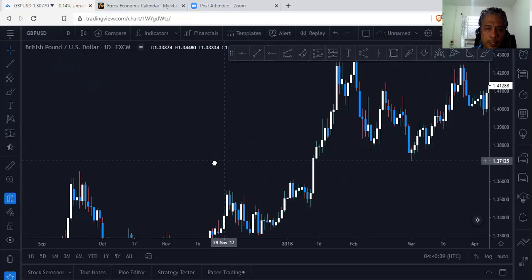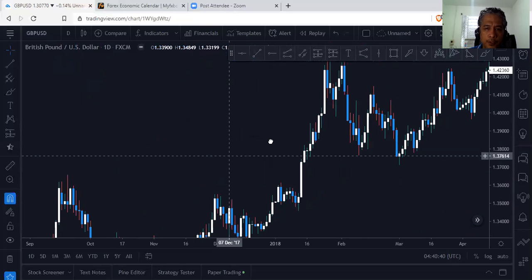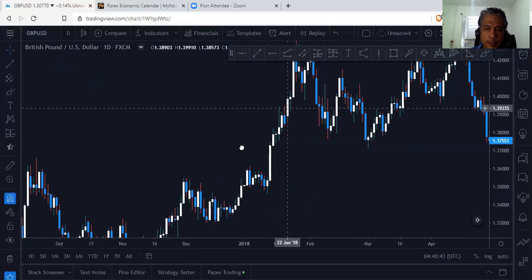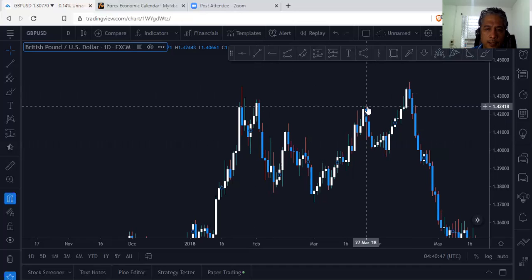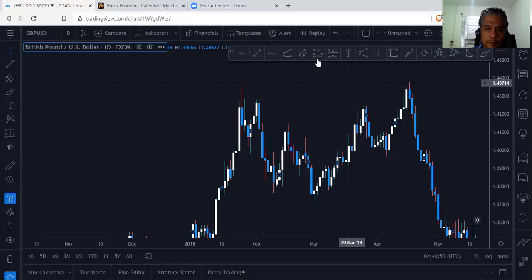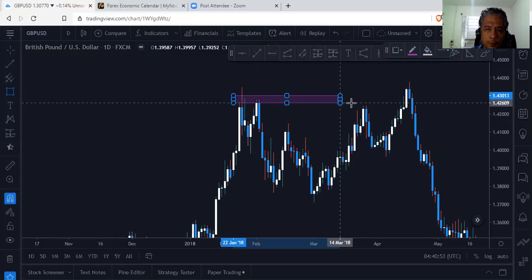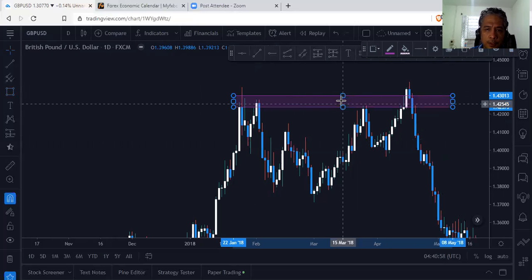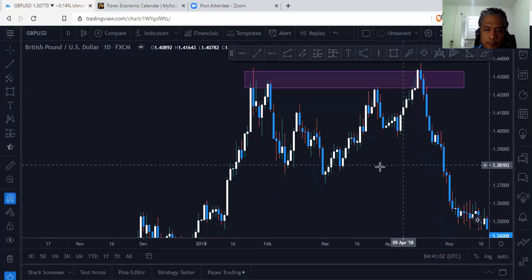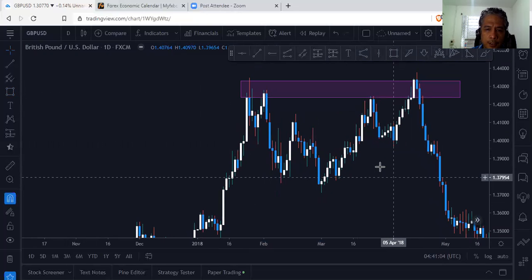As the price went up, you can see that the price did not make any higher high. In this level, we will mark this one. See, the momentum is slowing down. And you can see here the M pattern, the big one and the small one.